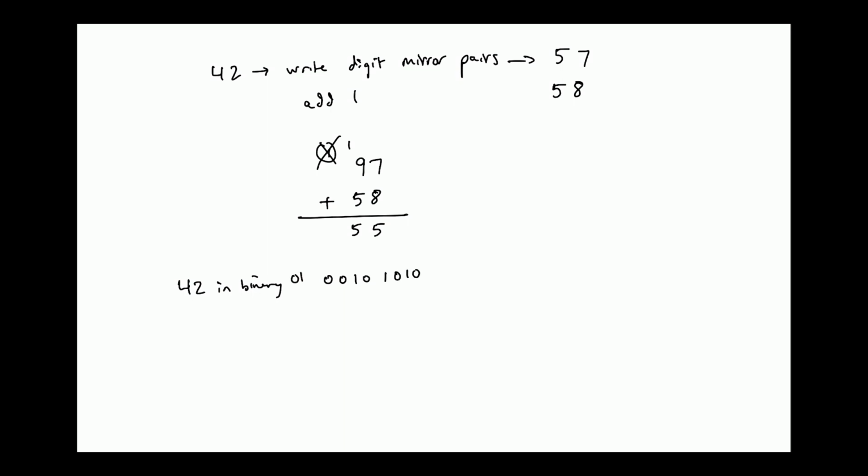So that was our binary representation of 42. What I want to do is say, okay, then what is the binary representation of minus 42? So let's do this. First step, flip all the bits.